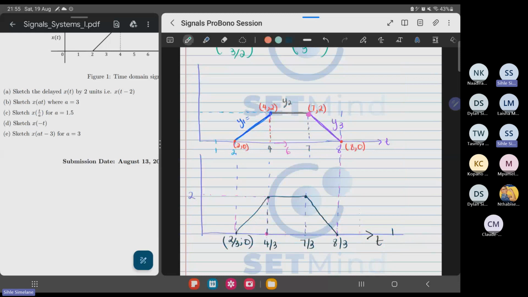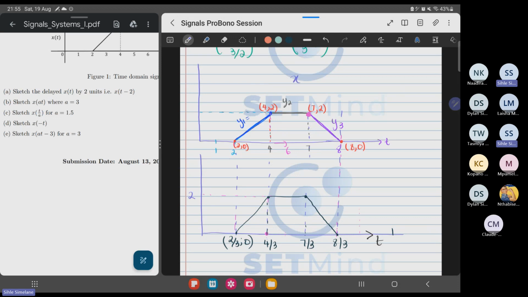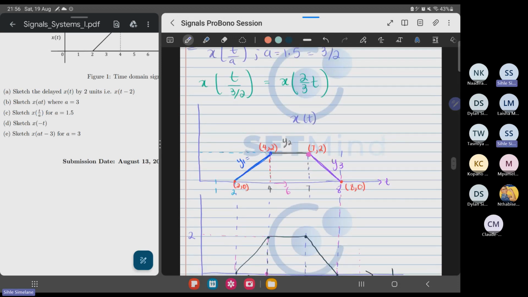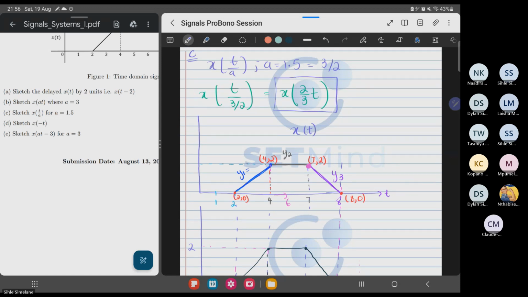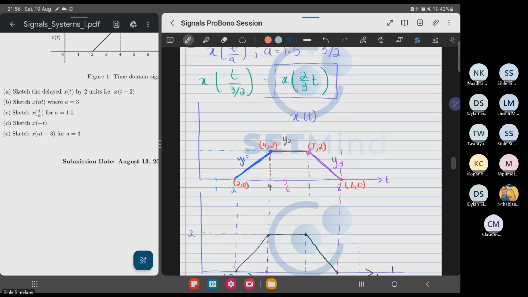This function here, which we have at the top, is our famous x of t. Now at the bottom, they want us to do this one. And what we know is that all we need to do is take the t value and divide it by the number which is multiplying t.